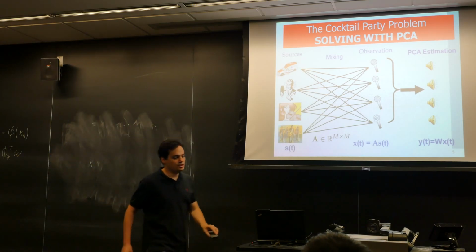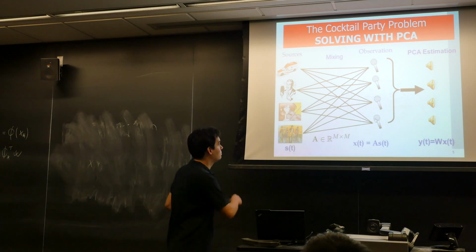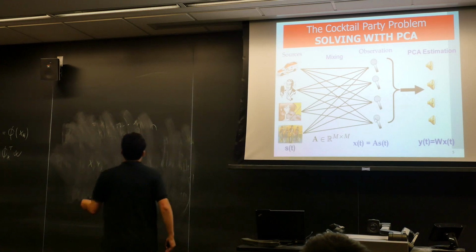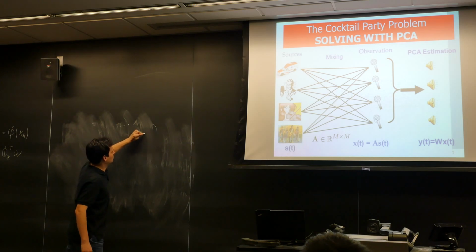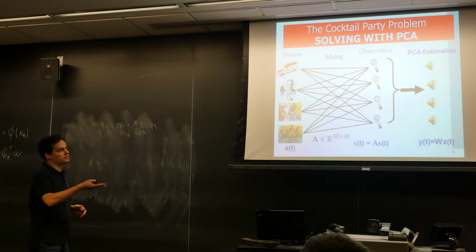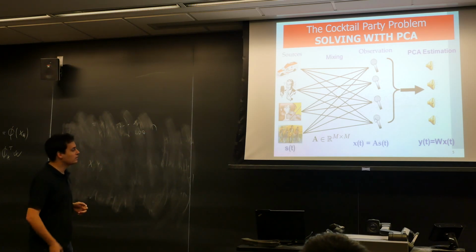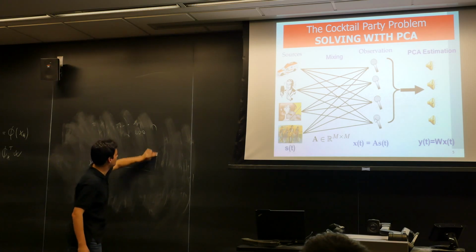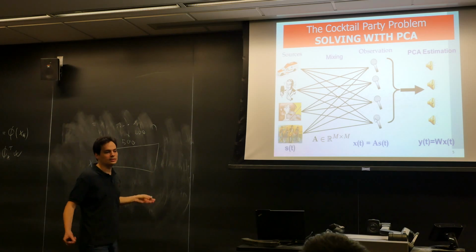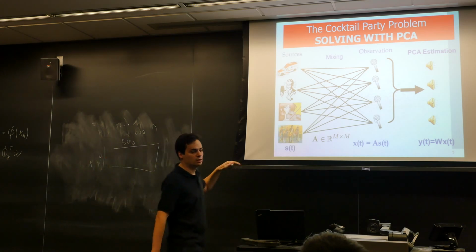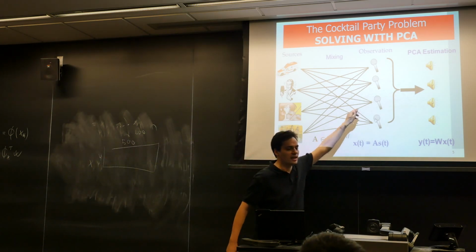Let's say that each signal is sampled that I have, 500 long time series, okay? And then my input is a 4 times 500 matrix. Each row is a recording from these microphones.